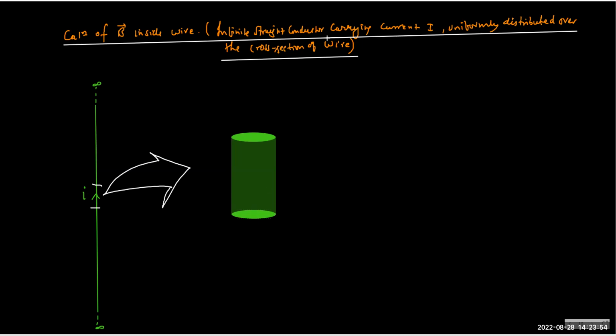This is the cylindrical portion of the wire which you are looking at, and definitely the wire will continue infinitely. And if you look at the cross-sectional view, this we call capital R, the radius of the cross-section, and this is the axis of the wire.